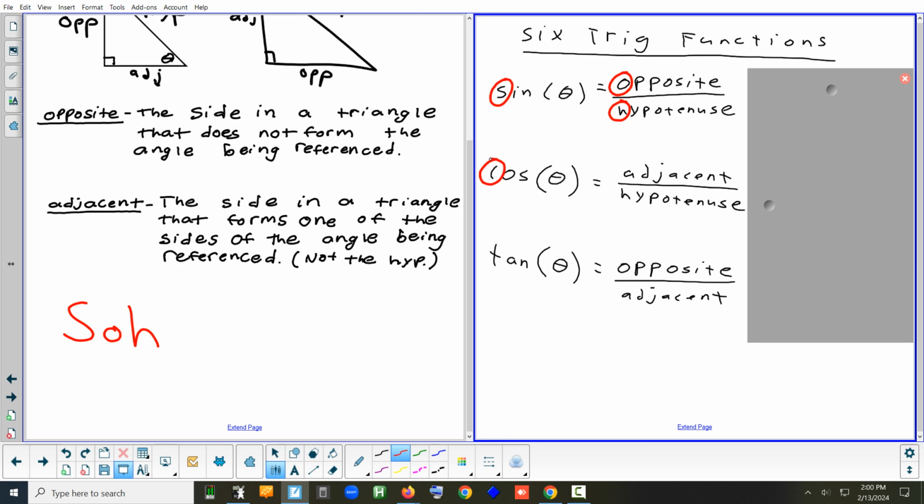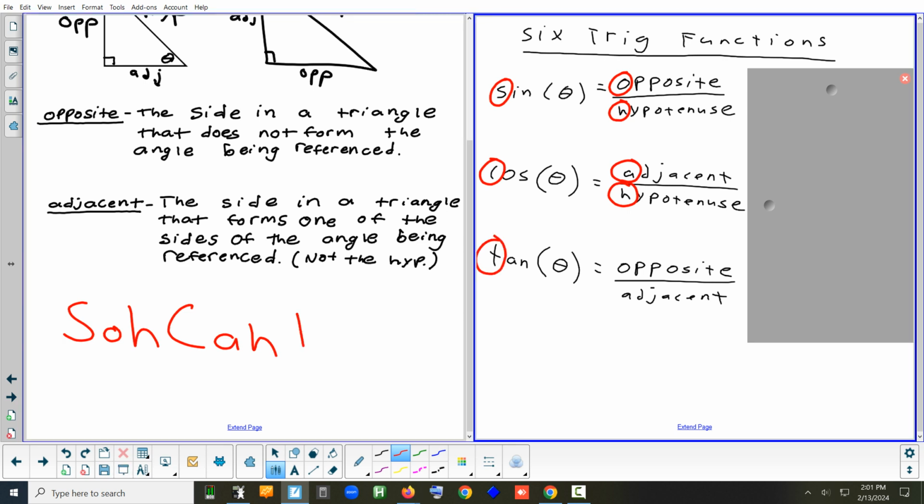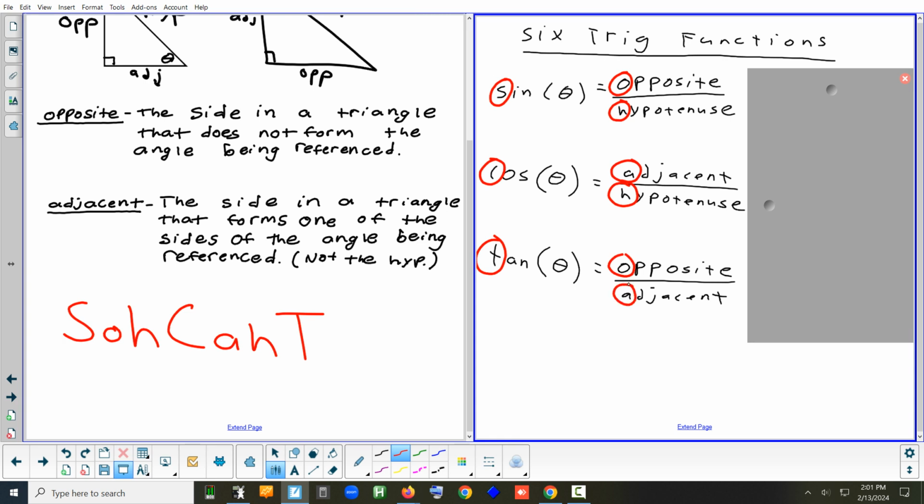The cosine is adjacent over hypotenuse. Cosine is adjacent over hypotenuse. And then the last one, tangent, is opposite over adjacent.